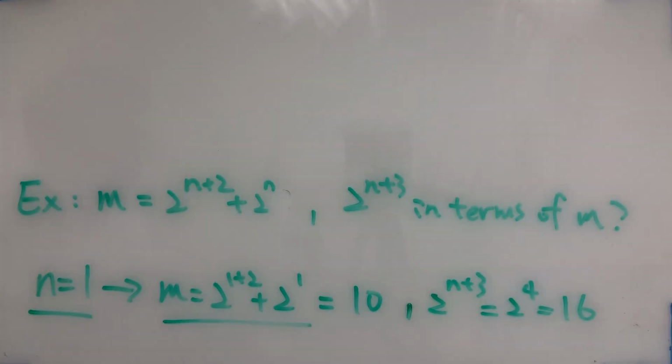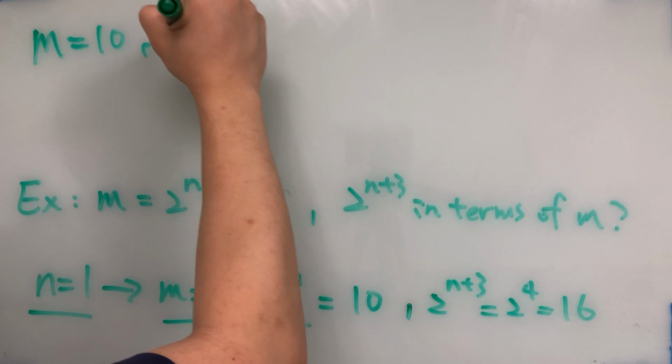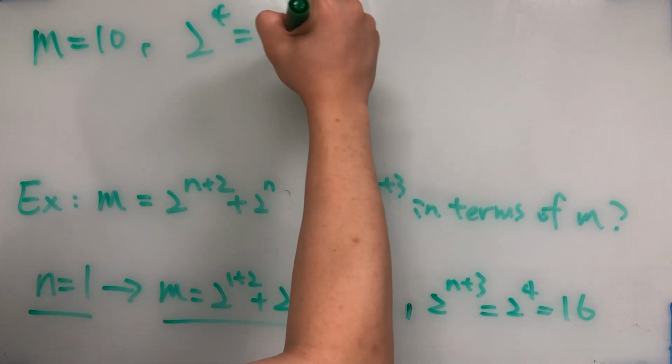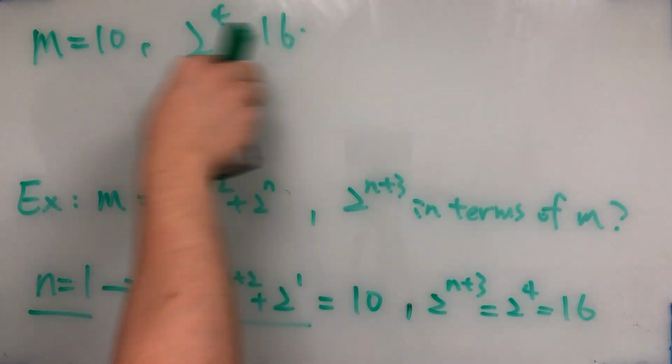Plug in small numbers like 0 or 1. In light of the application of that strategy, let's see what we have here. If m is 10 and this is 16, how do we properly express 16 in terms of 10?